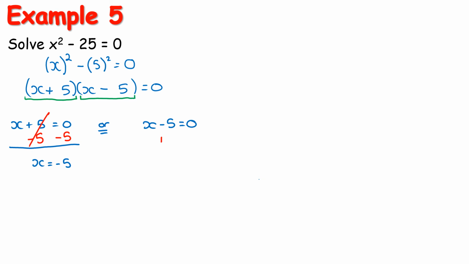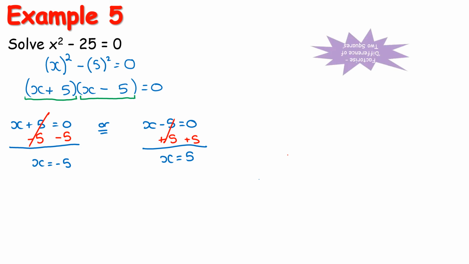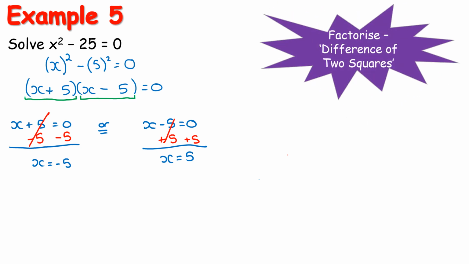And here we add 5 to both sides, and we get x equals 5. You'll notice that there's a lovely symmetry to our answers, and the reason is because we have this difference of 2 squares factorization. Because both brackets are the same with different signs, our two roots, the two answers we get, will be the same but with different signs as well.